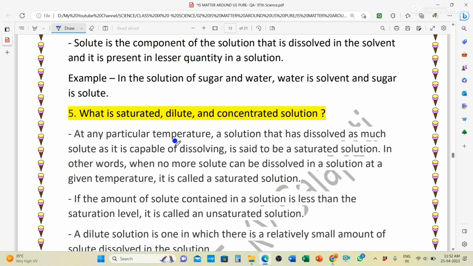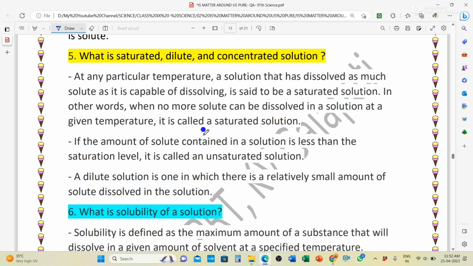Then what are saturated, dilute and concentrated solutions? At any particular temperature, a solution that has dissolved as much solute as it is capable of dissolving is said to be a saturated solution. In other words, when no more solute can be dissolved in a solution at a given temperature, it is called a saturated solution. If the amount of solute contained in a solution is less than the saturation level, then it is called an unsaturated solution.